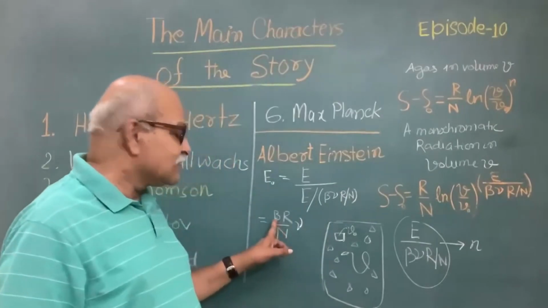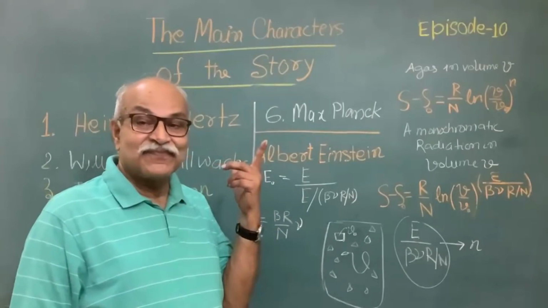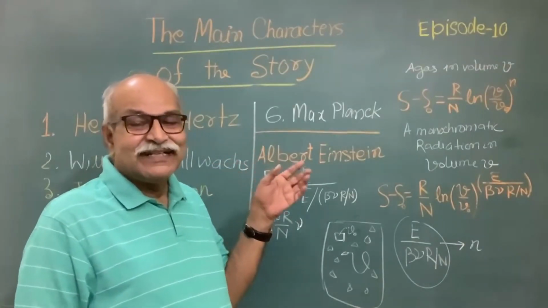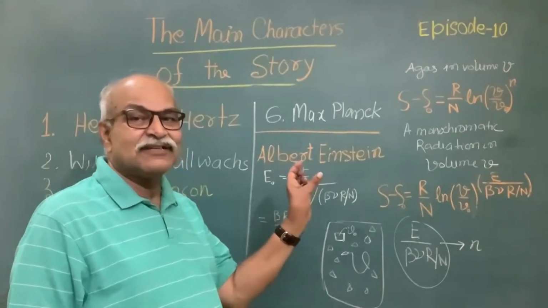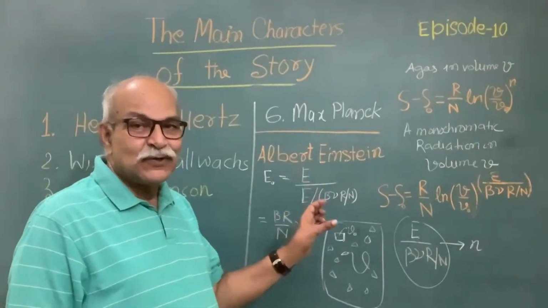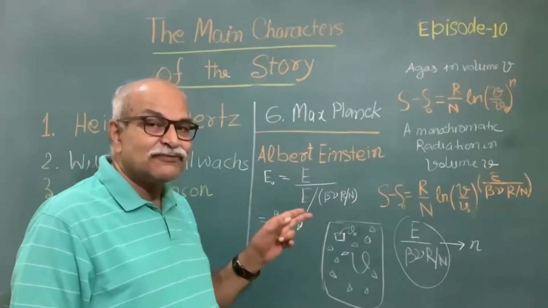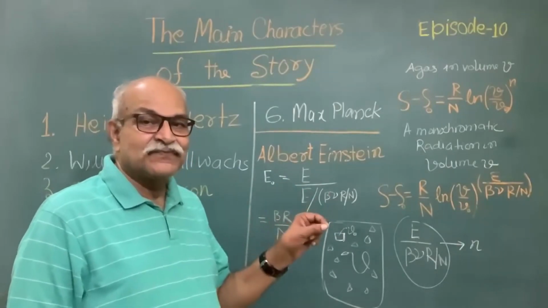Alright, what is beta? Beta appears in Planck's radiation law. If you have noticed in Einstein's paper also, Planck's radiation law expression is given, and there you have two constants, alpha and beta, and they are fixed.